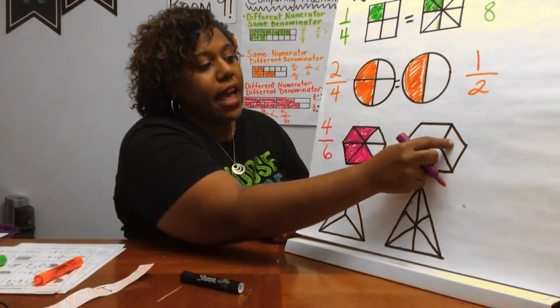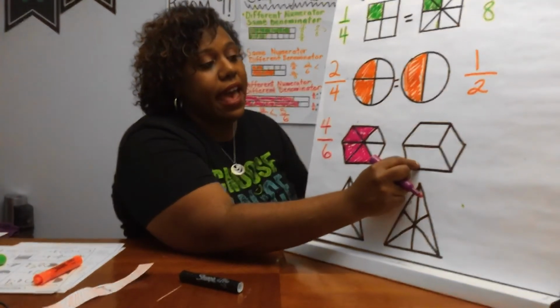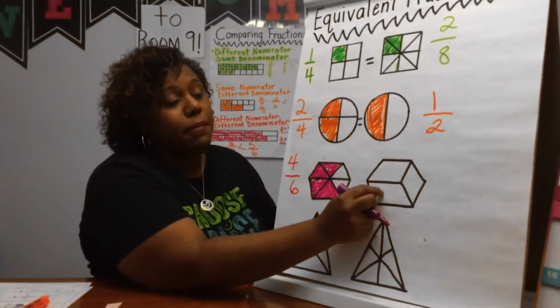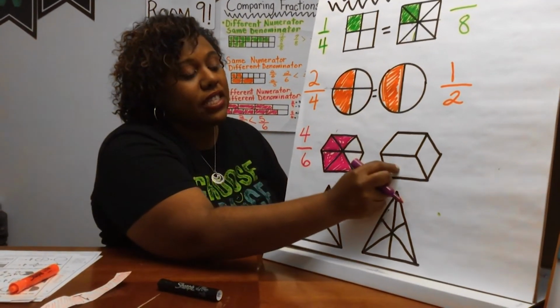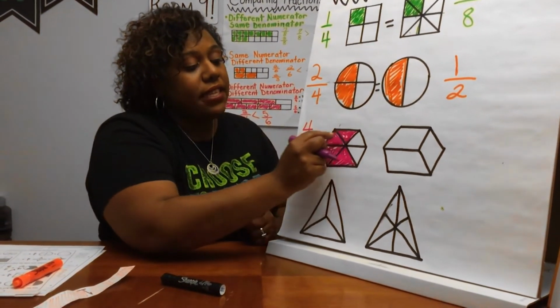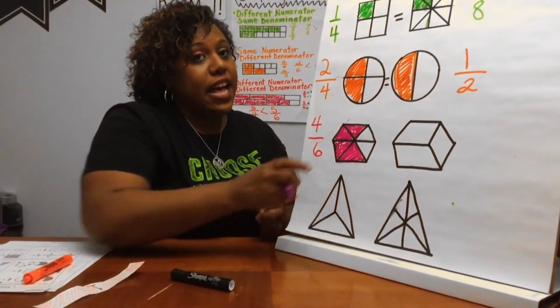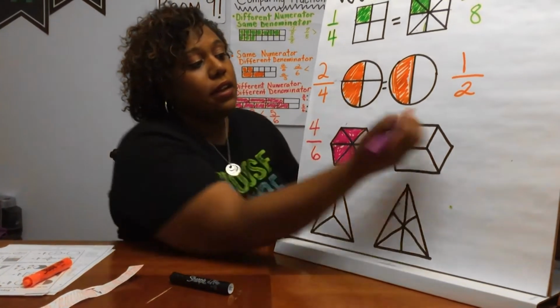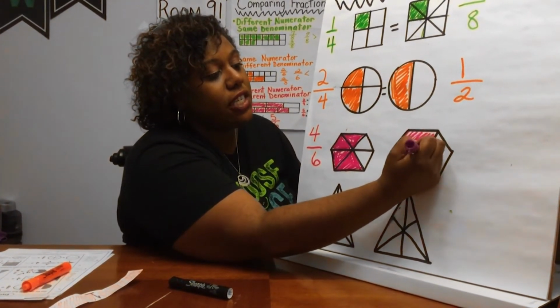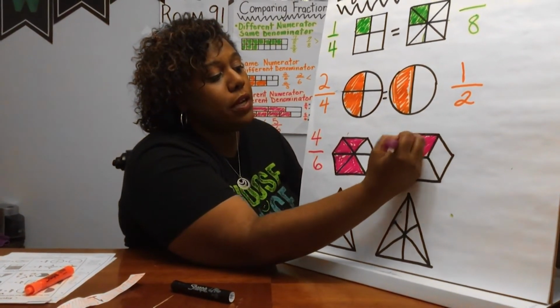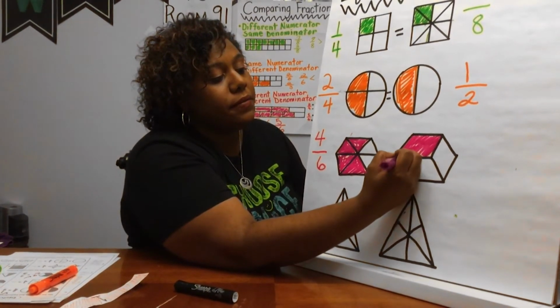Now, I don't have 6 here. I have 3 parts. So how much of this do I need to shade to have the same amount of space covered? Okay, very good. You need to shade in 2 parts.